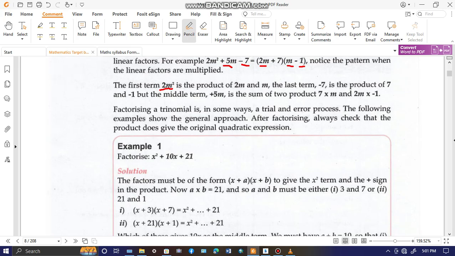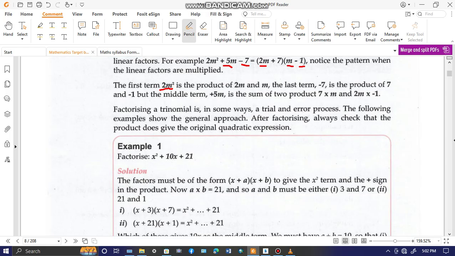So to bypass that process, you basically have to do a lot of practice. Some of the factors of the middle term will come naturally instead of going through the process of finding the factors, finding the HCF or whatsoever. So the key to the process of factorization is a lot of practice.